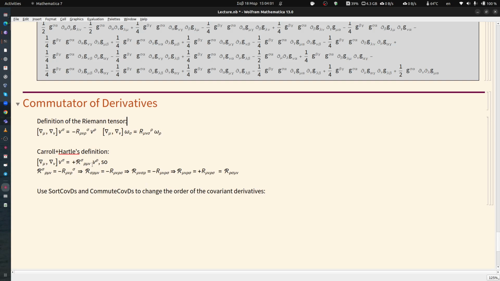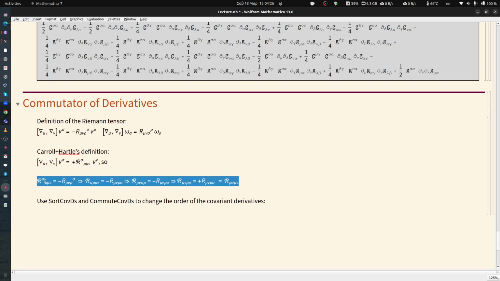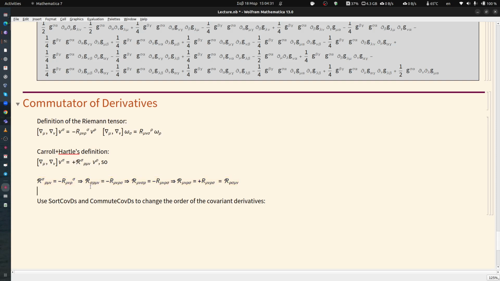And in Carroll's definition, we have the new indices here put last, and the ones that rotate or transform the sigma index here to rho placed in the beginning. And there is a plus sign here. So you see that you can compute in this way the correspondence between the two tensors.